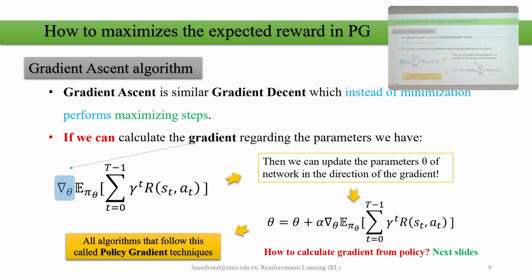So I have an important golden point here: all the algorithms that follow this update rule are called policy gradient techniques. All the family in the graph, on the tree that I showed you, all those that are trying to do this scenario are called policy gradient, but their major difference is over here, in how we can update and how we can apply limitations or control the speed of convergence.